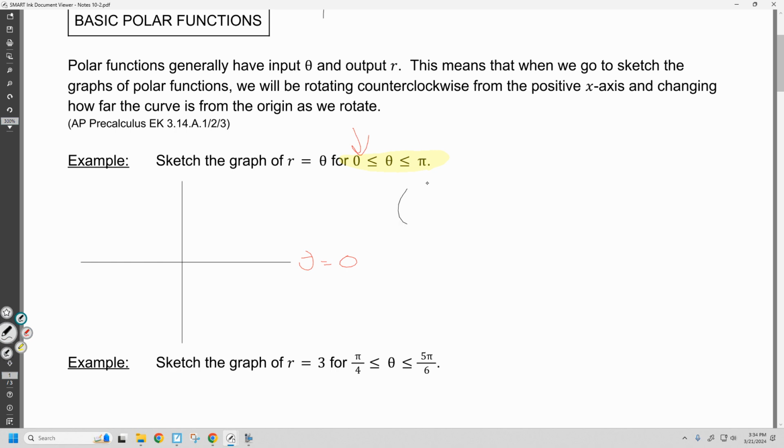And you know what? Let's create a table of values, theta and r. Here, I have theta 0, r 0. We will then add angles until we get pi. I don't know, what angles do we want to use? It's up to you. I like to use angles like pi over 3 because I know pi over 3 is close to 1.